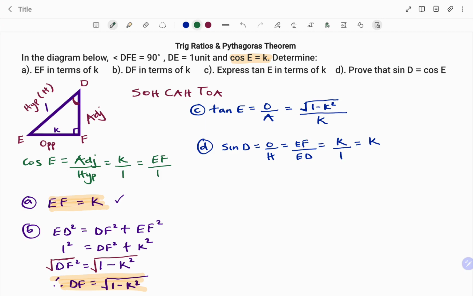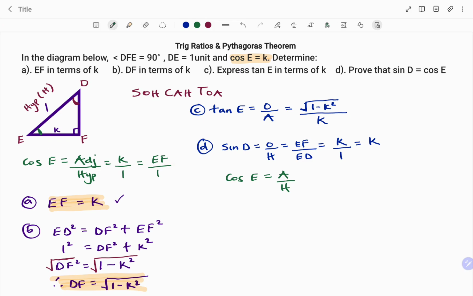Cos E, I have cos E. Cos for my trig ratio is adjacent over hypotenuse. Note that my reference angle now is E. So I'm going to highlight that. My reference angle is no more D, it's E. And what happens is my adjacent and my opposite change based on my reference angle.